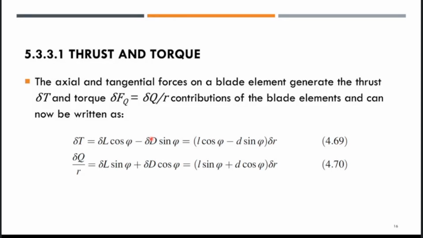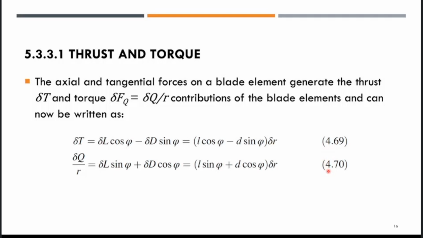The axial and tangential forces acting on a blade element generate the thrust, delta T, the small change of thrust, and the torque itself, the small change of torque, okay? Contributions of the blade elements can now be written as expressions 4.69 and 4.70, right?